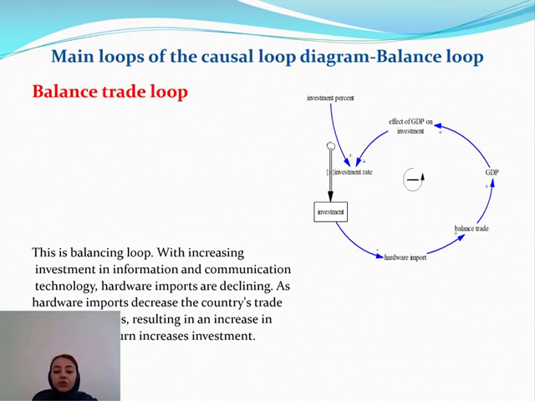As hardware input decreases, the country's trade balance increases, resulting in an increase in GDP. And again, increasing GDP increases the effect of GDP on investment, causing increased investment.